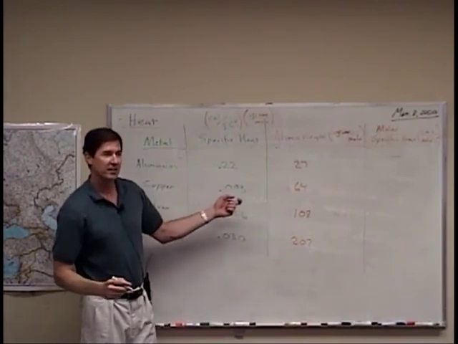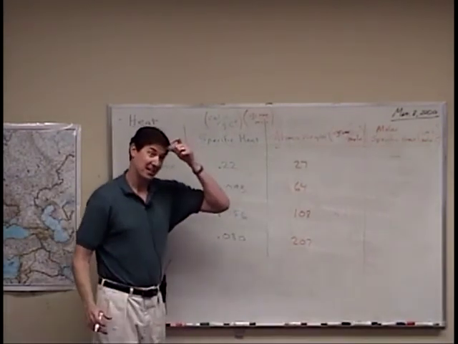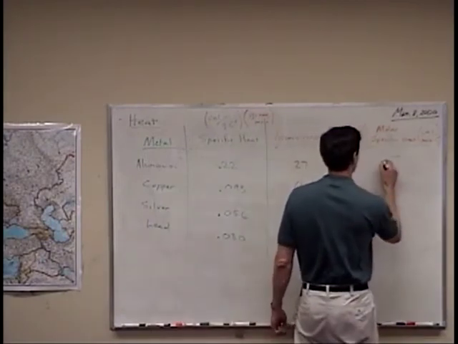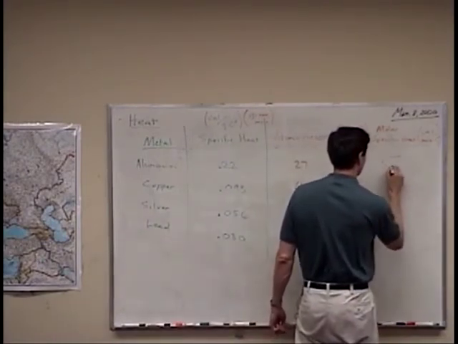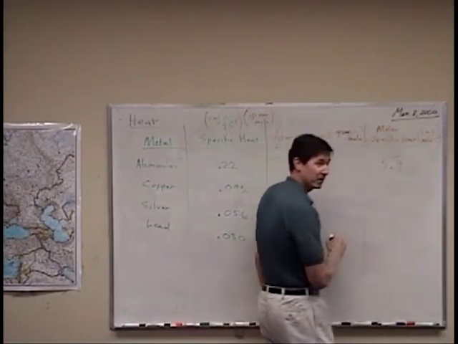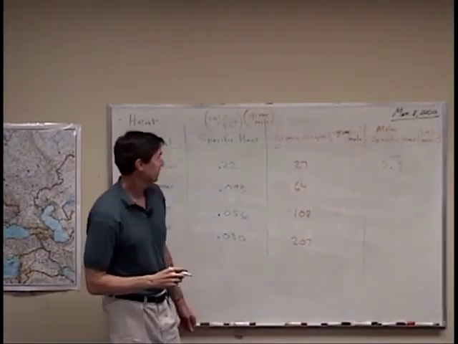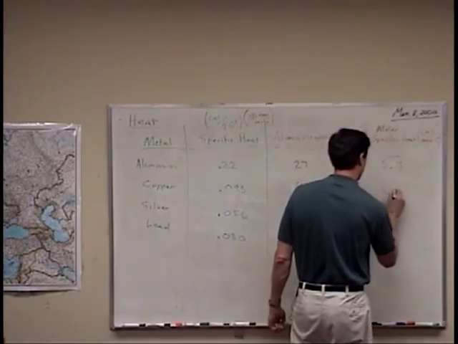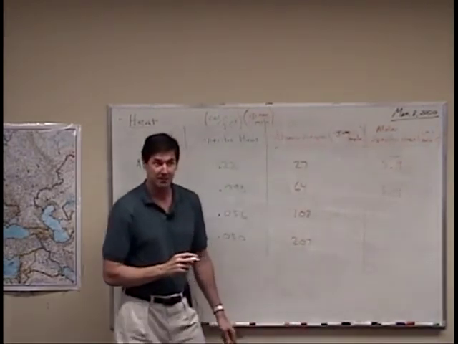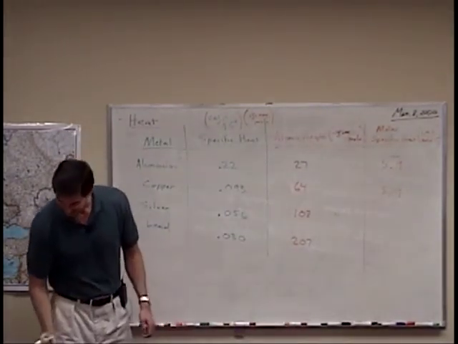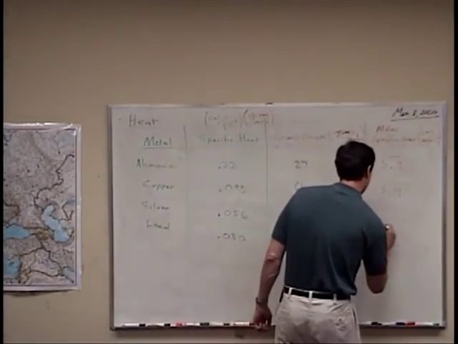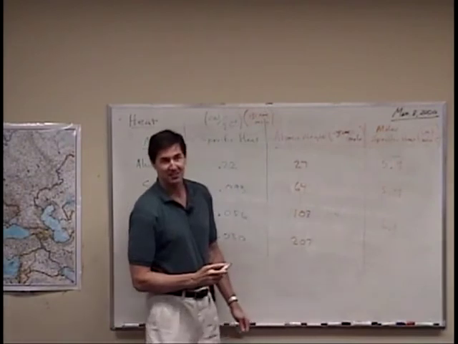You multiply these things out, and I'm so brilliant I can do it in my head. Here's what you get. 5.9 for the first one. 5.9 for the second one. 6.1 for the third one.